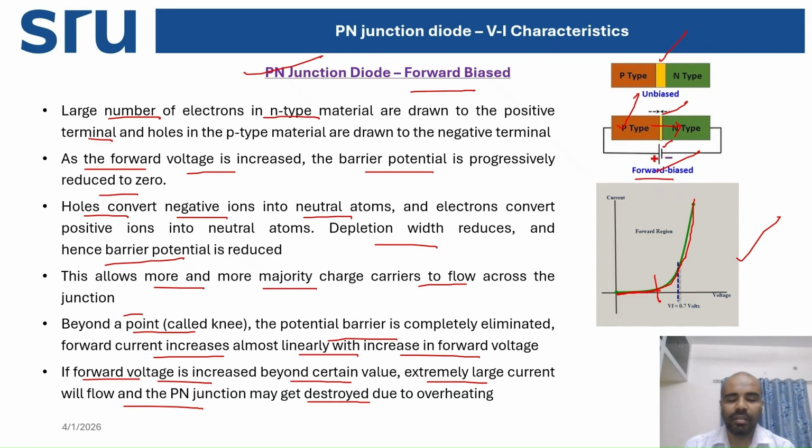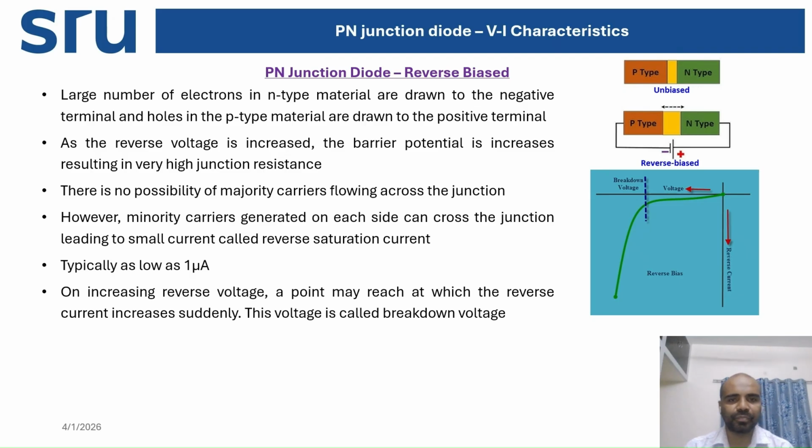So this is the IV characteristic of a PN junction diode in forward bias condition. Moving to the next slide.